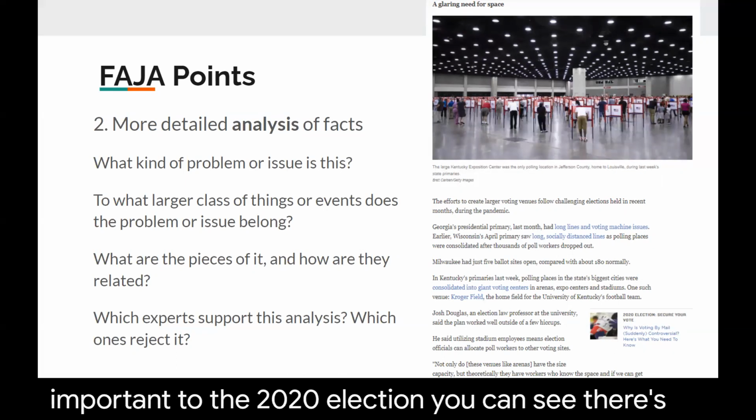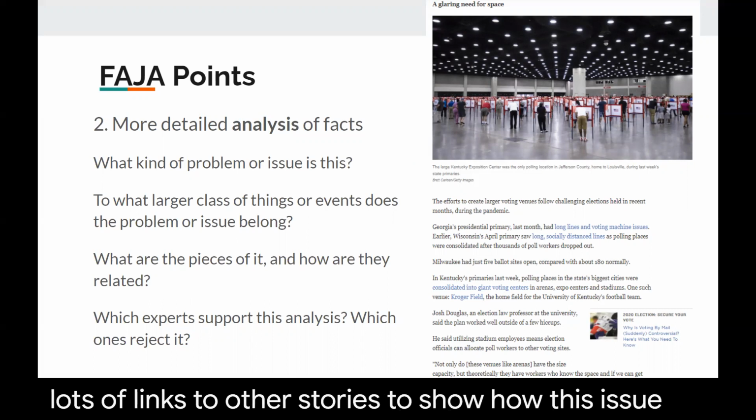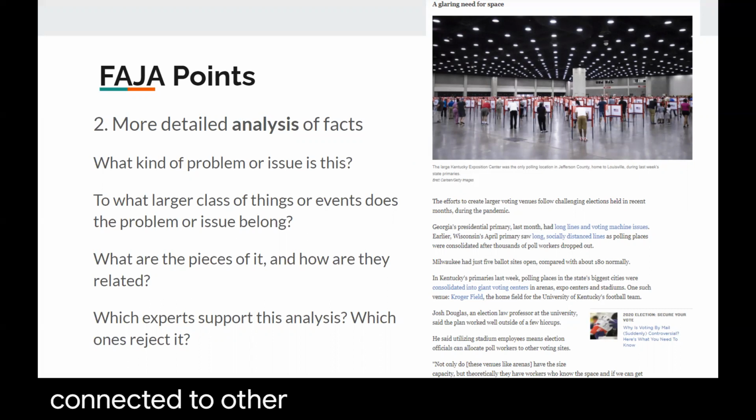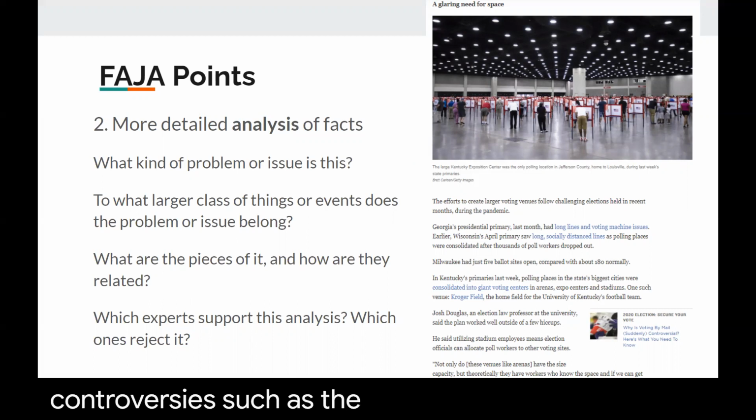You can see there's lots of links to other stories to show how this issue is connected to other events that have happened previously or in the future, as well as other controversies such as the voting by mail controversy that's currently going on. So an analysis of facts does still rely on facts.